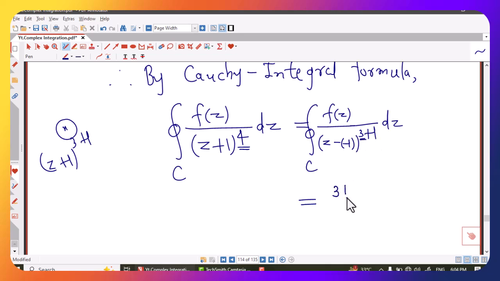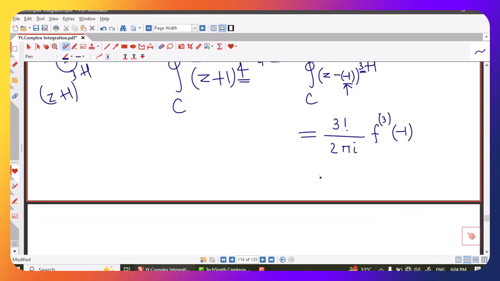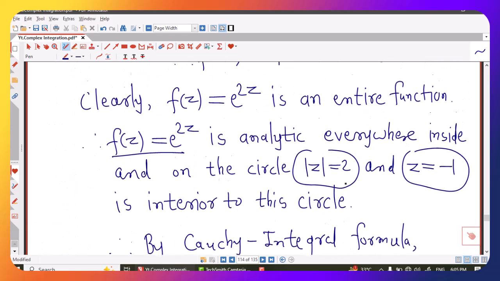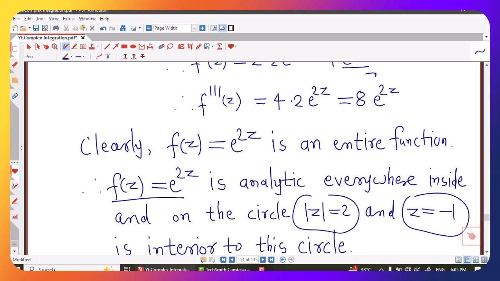This is equal to, if we compare with n plus 1, n is 3. So here we have n factorial divided by 2 pi I, n is 3, and here we have third derivative at point z0, which is minus 1 here, and 3 factorial means 3 into 2, so this 2 will get cancelled, and 3 divided by pi into I. Third derivative is 8 times e raised to 2z.